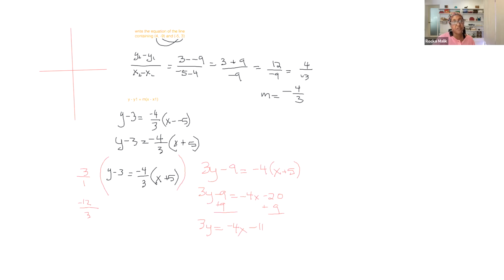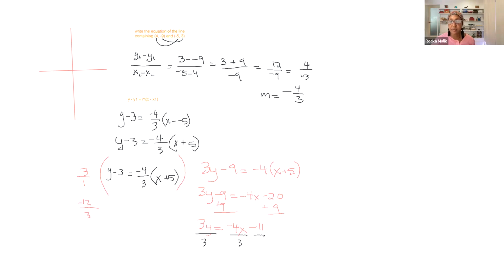And for this format to be proper or correct, you have no number in front of the y. So they just want to see y equals blah, blah, blah. So I'll divide everything by 3. I'll divide this by 3. And I'll divide this by 3.